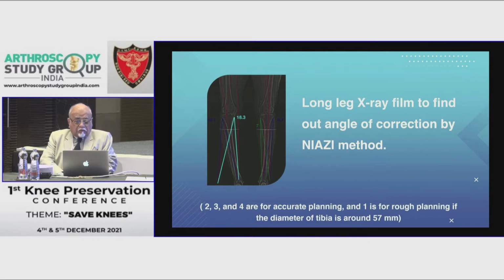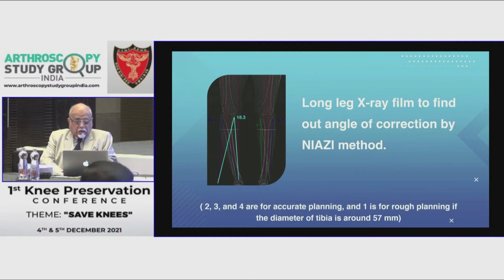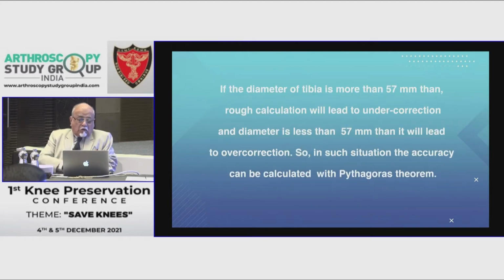And if the diameter of the tibia is 57 mm, then your rough calculation is much accurate. But if the diameter of tibia is more than 57, then your rough calculation leads to undercorrection.